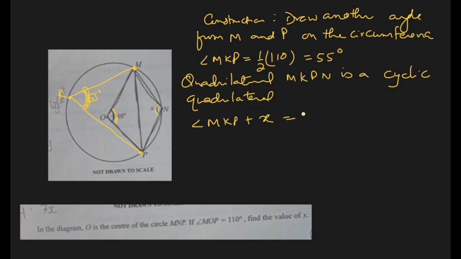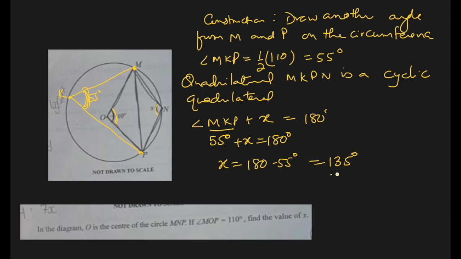And the sum of the opposite angles of a cyclic quadrilateral is always 180 degrees. MKP we got 55 plus x equal to 180 degrees, x equal to 180 minus 55, which is 135 degrees. This question is also done and dusted.